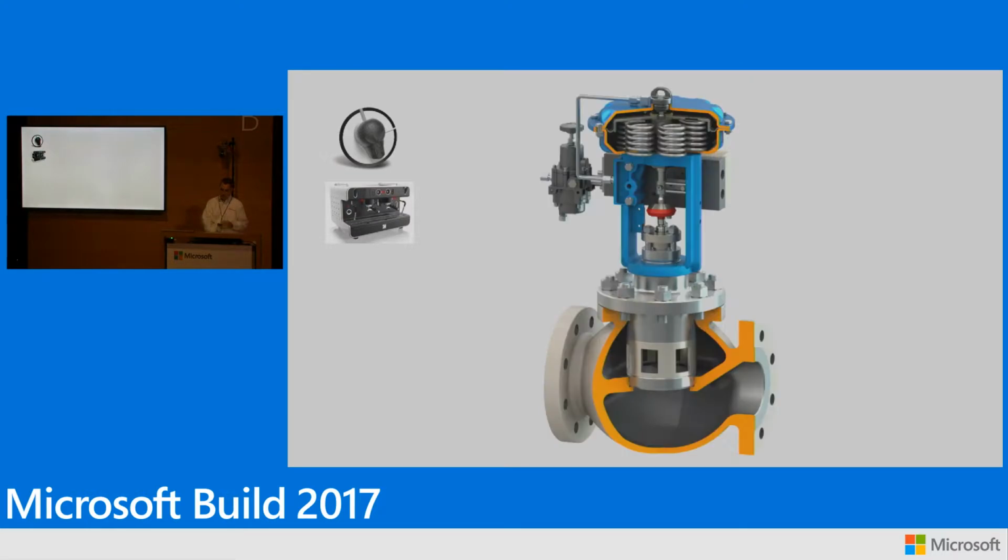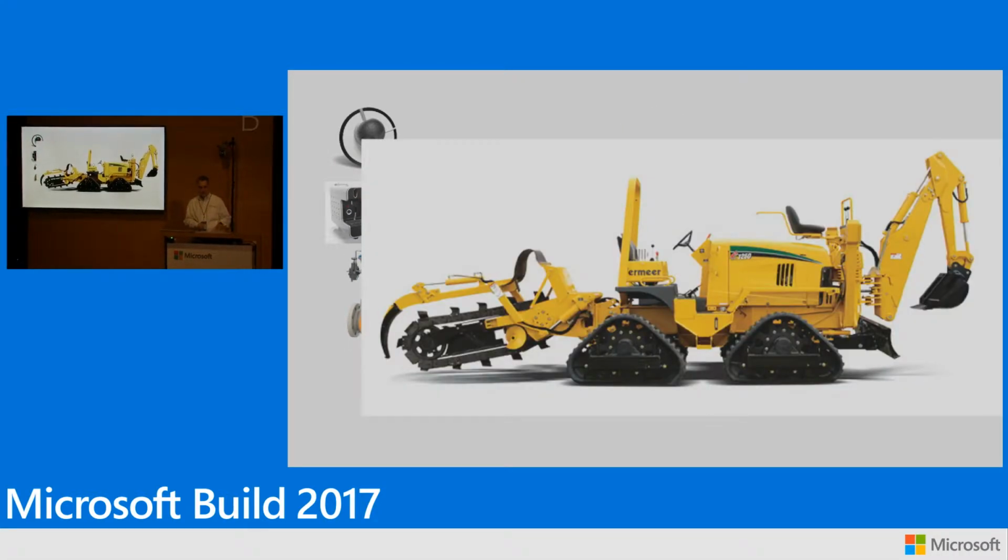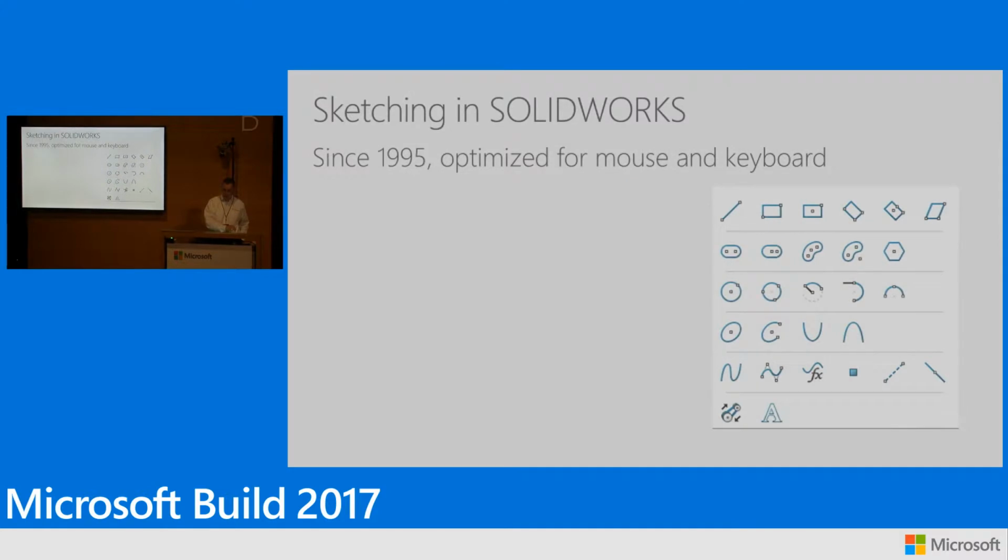Large-scale industrial valves are done in SOLIDWORKS, and also the plants that they go into. And then even larger construction equipment. This is a Vermeer backhoe with tracks and a very effective and very kind of frightening looking trench digging tool as well. So a broad variety of things, a broad variety of sizes.